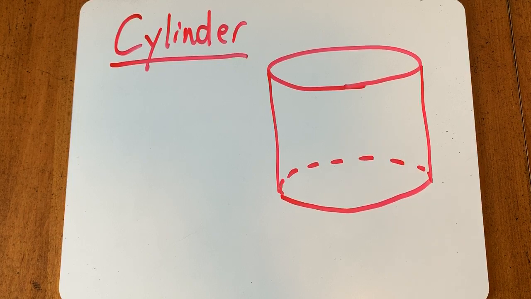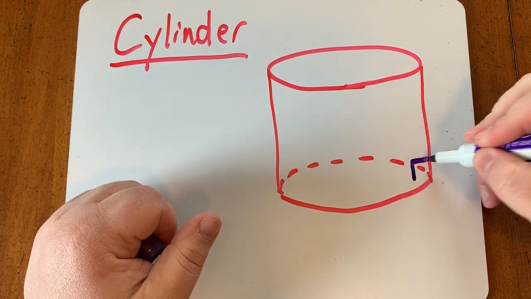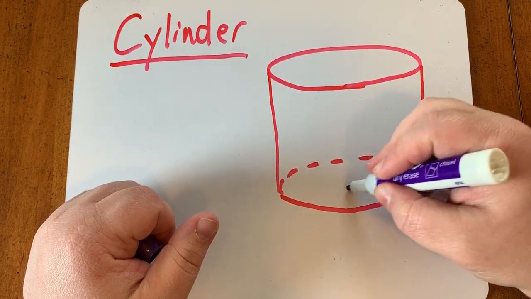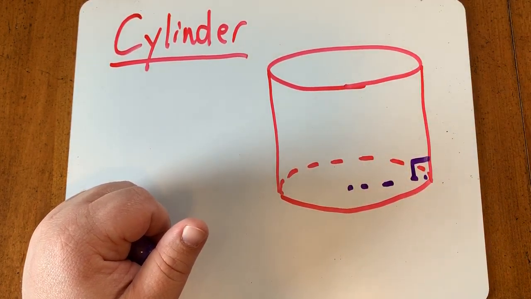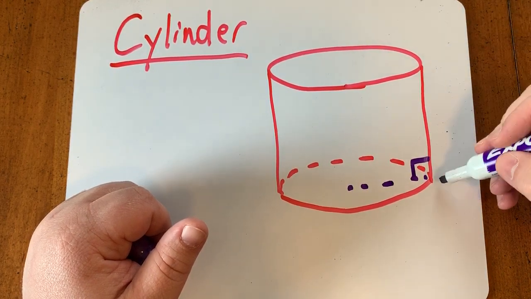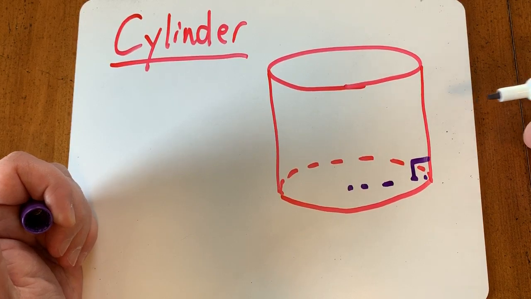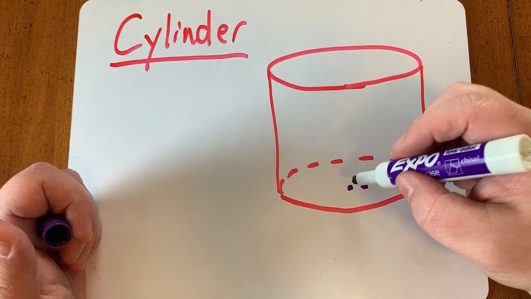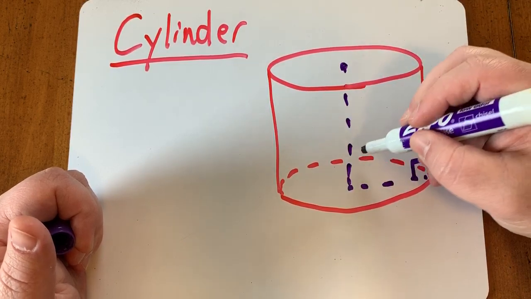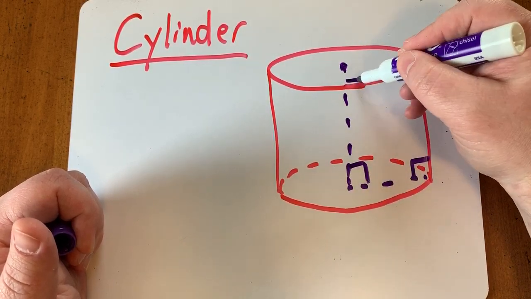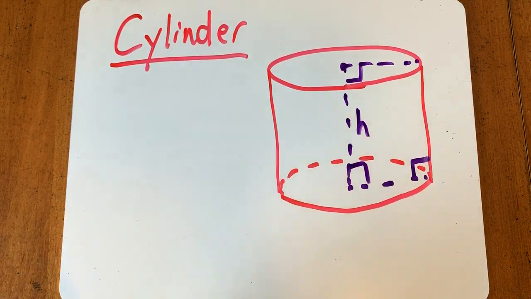If the height is perpendicular to the radii, if this side is perpendicular to the radius, it is a right cylinder. Another way to say that is if the segment connecting the centers of the bases is perpendicular, it is a right cylinder.